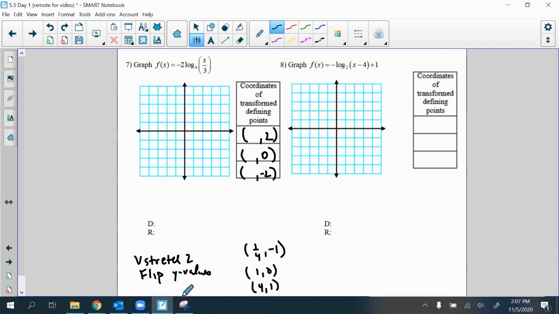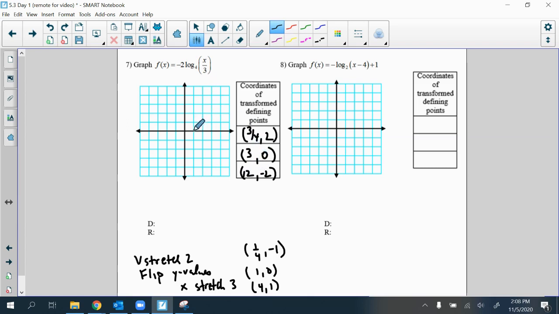All my x values get stretched by 3. Remember, dividing here actually stretches it instead of shrinking it. So that means all my x values get multiplied by 3. So 3/4, 3, and 12.